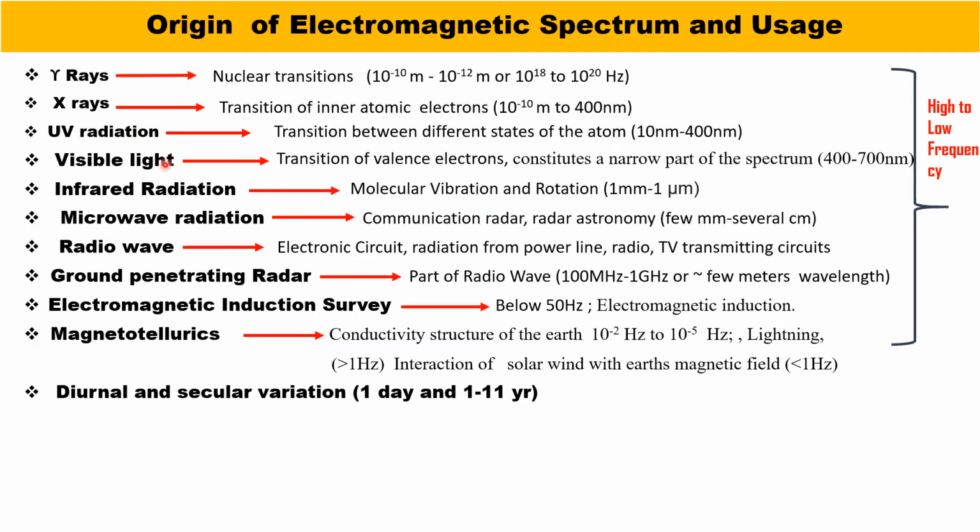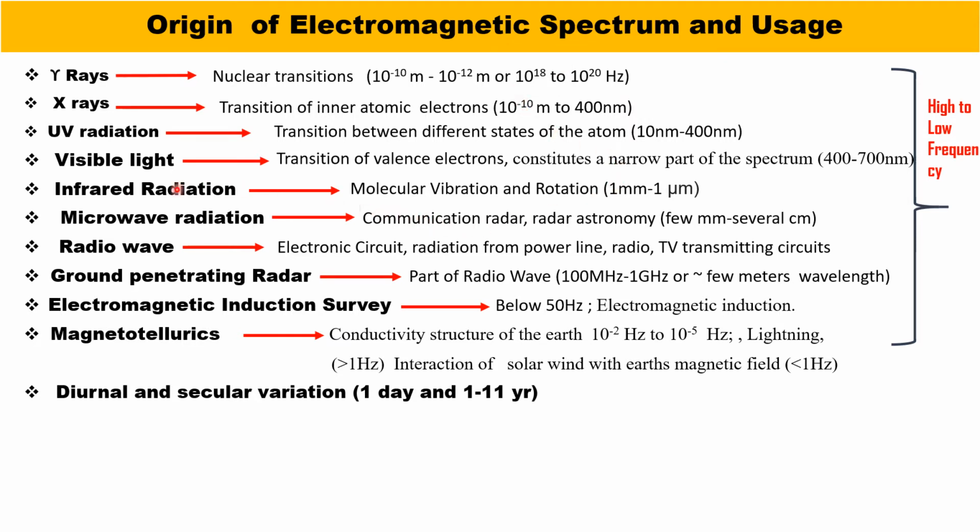Talking about visible light, when there is a valence electron transition, it gives rise to visible light. Then the very famous molecular vibration and rotation spectrum can give rise to infrared radiation, which has a wavelength range of 1 millimeter to 1 micrometer. For gamma and X-rays, the wavelengths are very small because the energy is inversely proportional to wavelength.